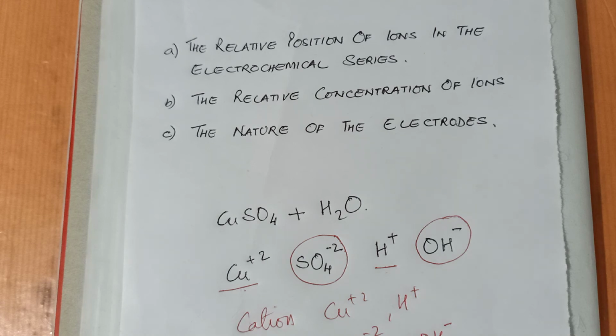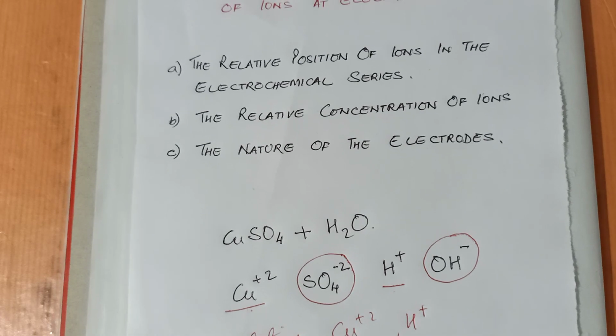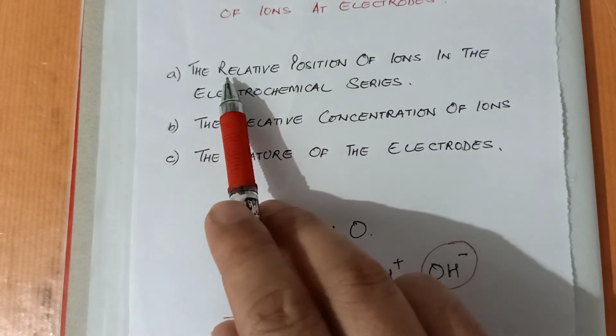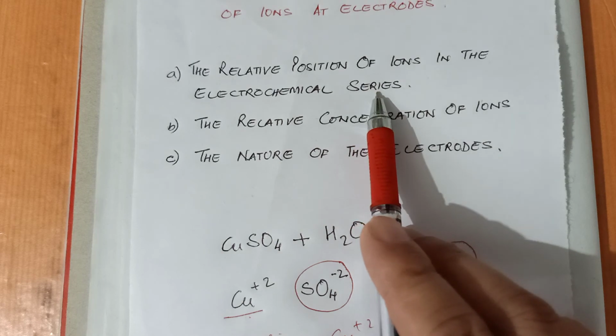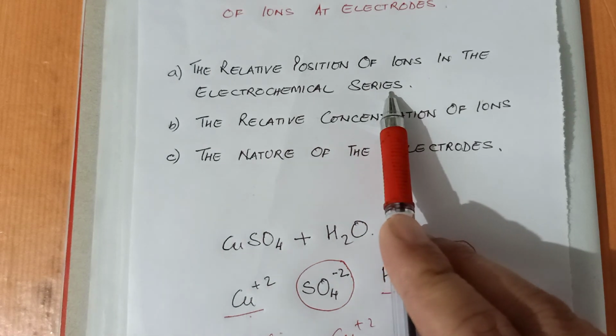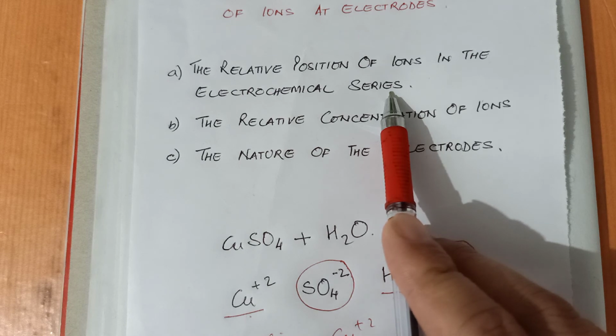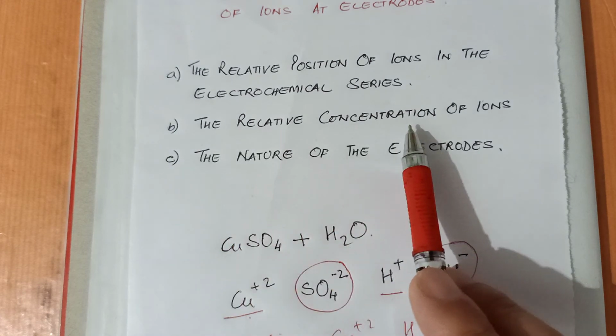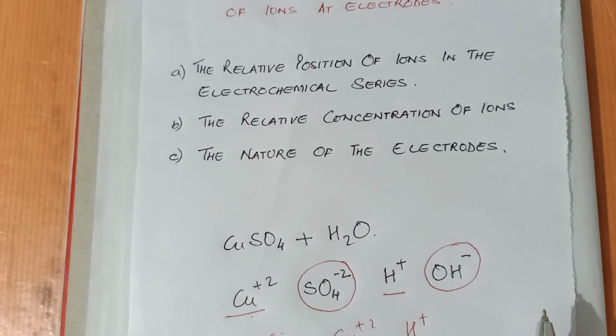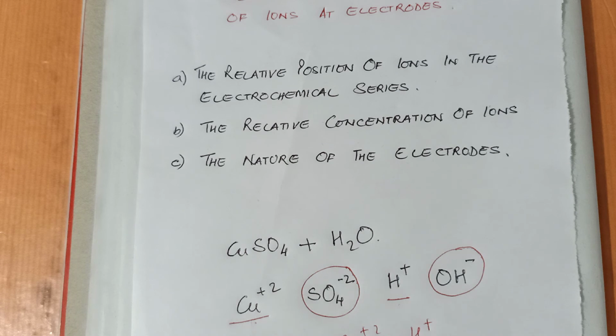The selection of discharge of ions depends on three things. Number one, the relative position of ions in the electrochemical series. Here we will recall our electrochemical series of metals as well as non-metals. Number two, the relative concentration of ions. The higher the concentration of a particular ion, the more preferentially it will be discharged at the electrode.